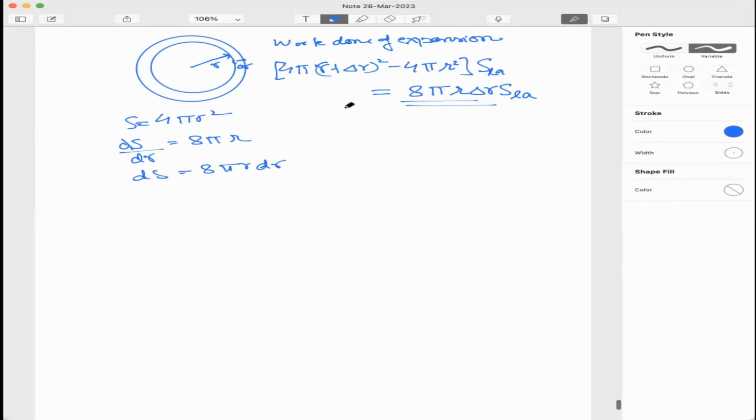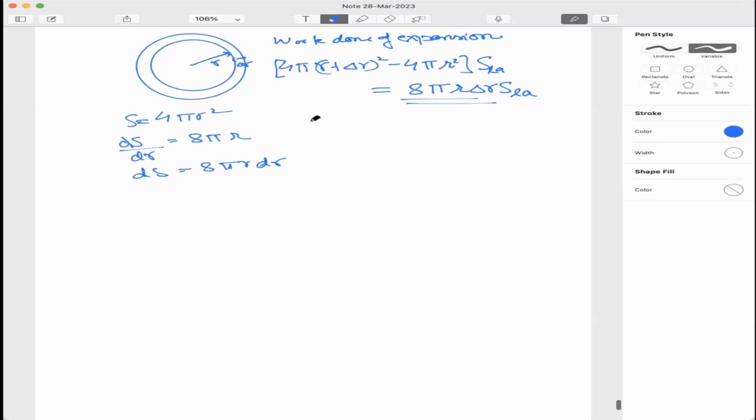The work done due to pressure is P inside minus P outside into 4 pi r square into delta r.